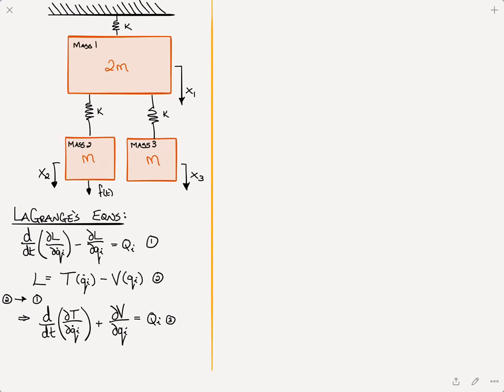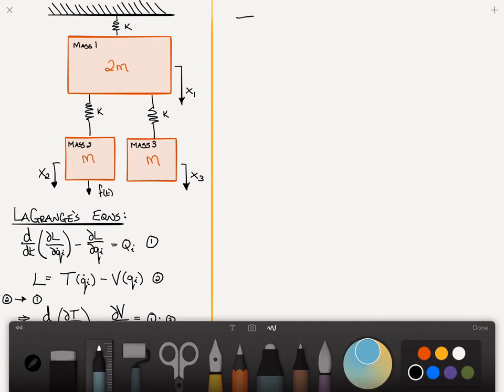We begin by writing an expression for the kinetic energy of the system, which we'll call T, and is simply the sum of the kinetic energies of each of the 3 masses. So mass 1, it's a half times the mass, which is a half times 2m, gives us m, times the velocity squared. So that would be x1 dot squared.